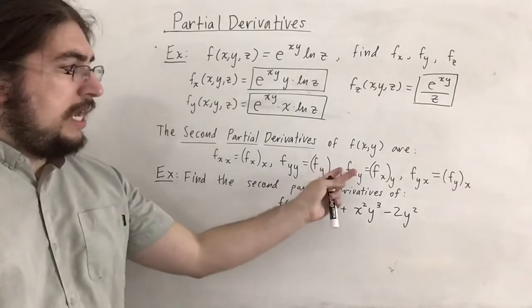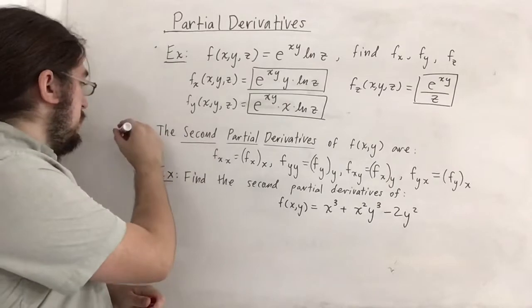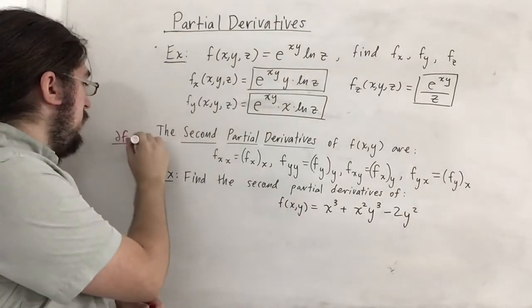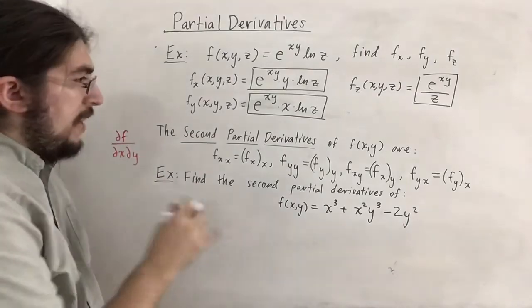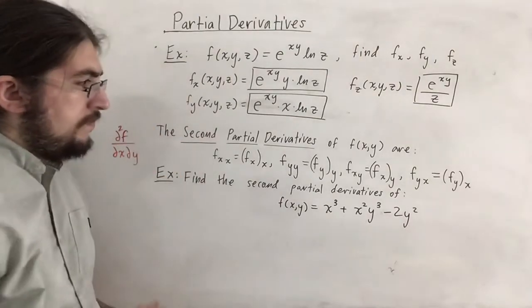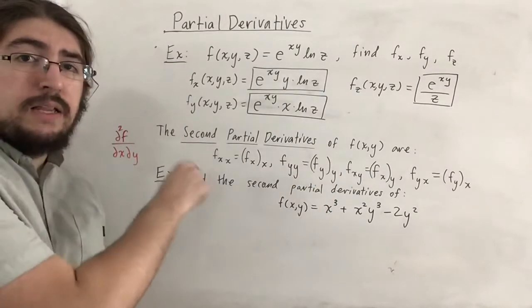So let's imagine fxy, the partial notation of this with dels would be partial f over partial x partial y. In fact, it's really del squared. The reason being is because with each subscript you get a del in the numerator.